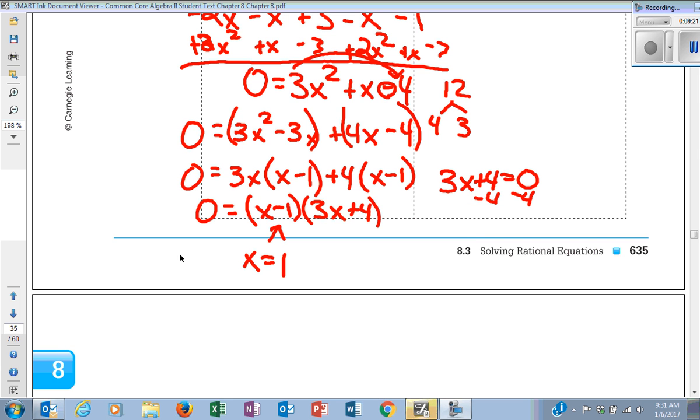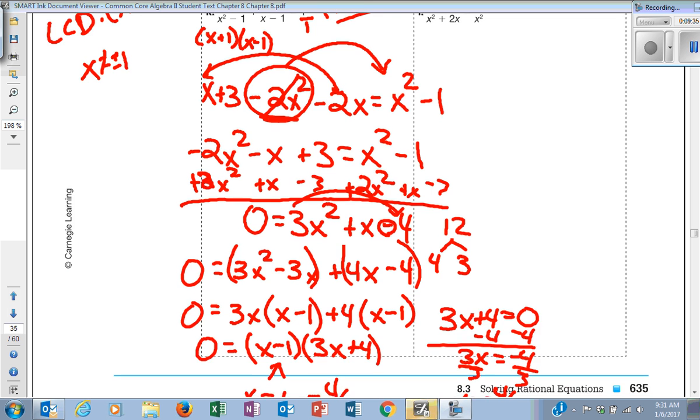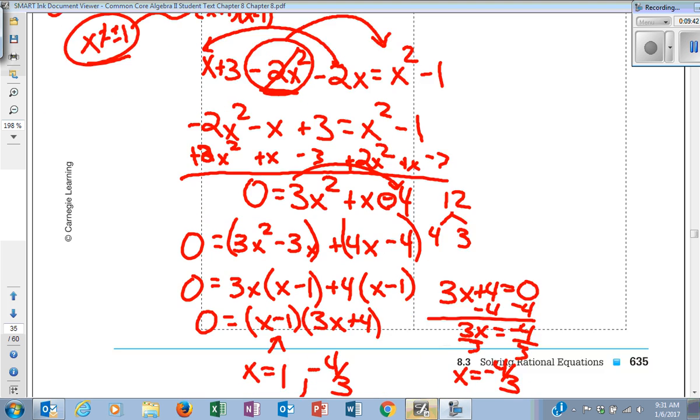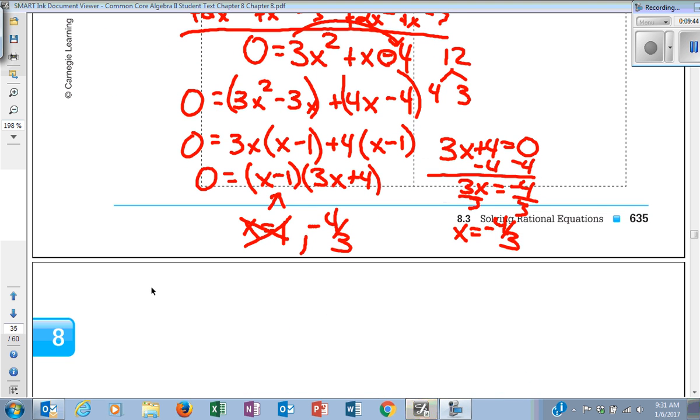I minus 4, I minus 4. 3x equals negative 4, divide by 3, divide by 3. X equals negative 4/3. And my answer is x equals negative 4/3 or 1, but I know that it's not allowed to be 1 because of my restrictions from right here, which my denominators said, nope, that's not allowed, so I know it can't be that, so my only answer is x equals negative 4/3.